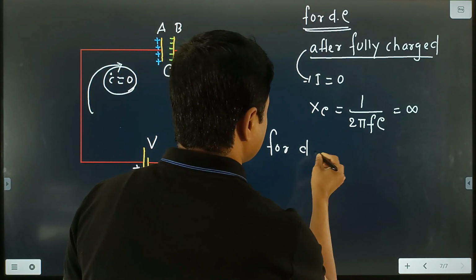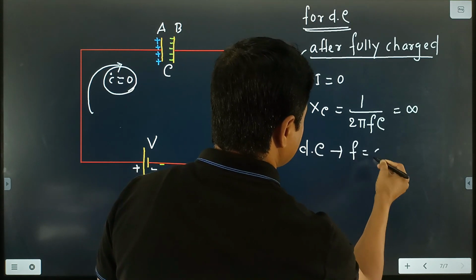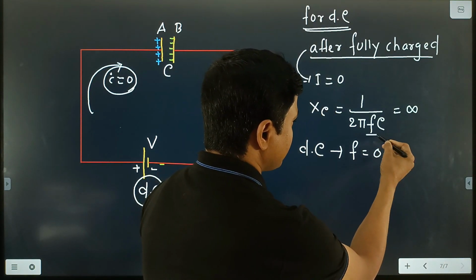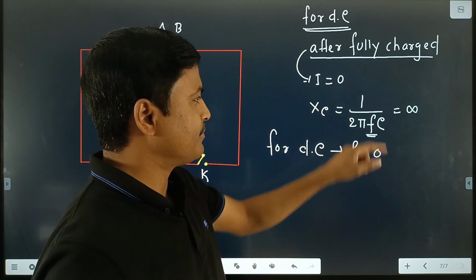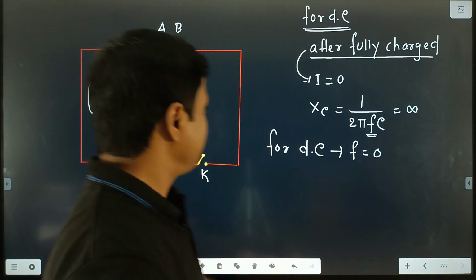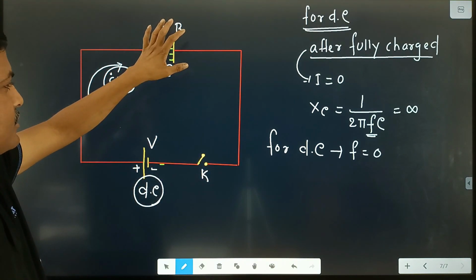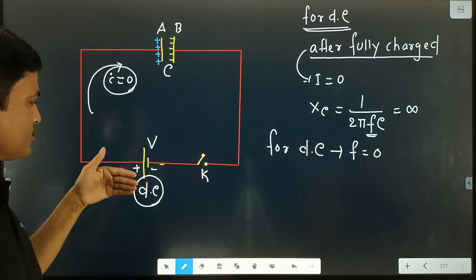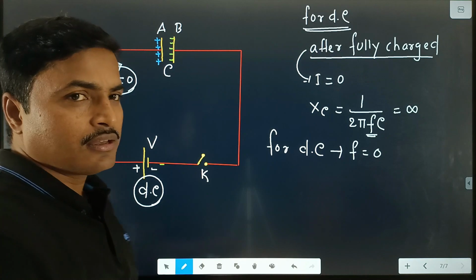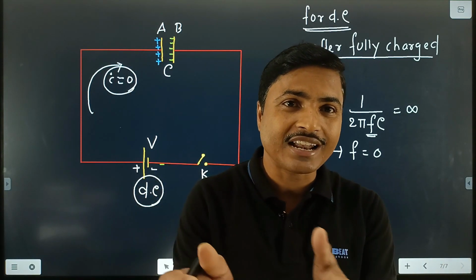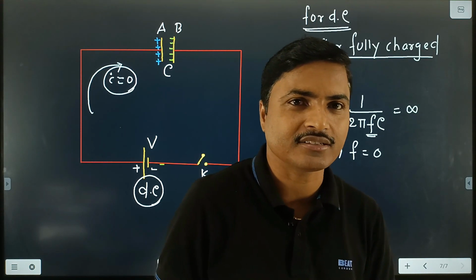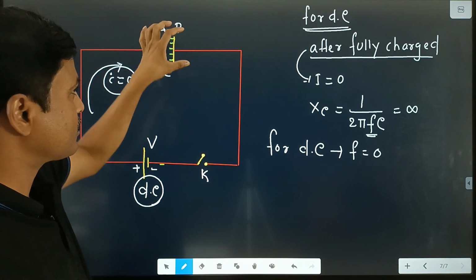And you also know, for DC, frequency f is equal to 0. If frequency f is equal to 0, in place of f if we put 0, then something divided by 0 is infinite. So finally, if a circuit containing only a capacitor and a battery is connected, that means the source is DC, then during the charging the capacitor allows the flow of current, but after fully charged, the capacitor totally blocks the direct current.